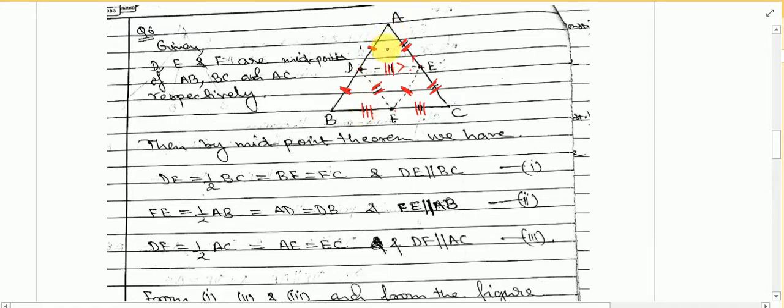Like here, if I take this 1, this is 2, this is 3, this is 4. If you compare triangle 1 with 2, then you'll see that this side is equal to this, and this side is equal to this. With others also you can see that. So here let's see what you're supposed to write.